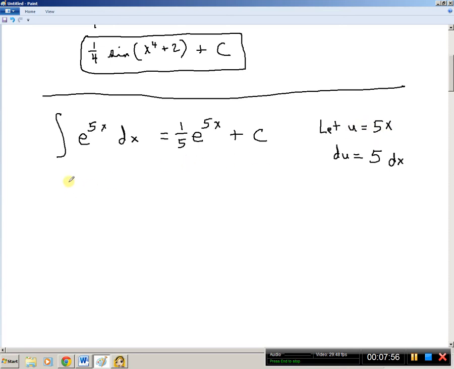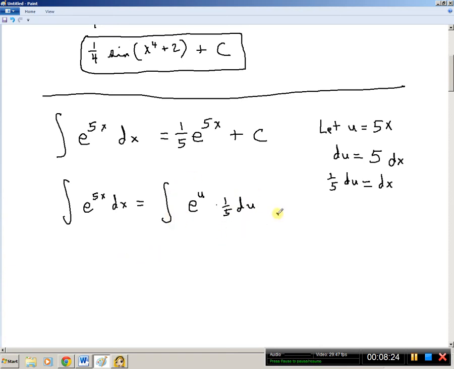So the integral of e to the 5x dx, the antiderivative that is, can be replaced by e to the u. Then if we have du, that's going to give us this 5. So once again, I need to fudge out the 5. So 1/5 du equals dx. So I replace the dx by 1/5 du, and now I'm finding this antiderivative.